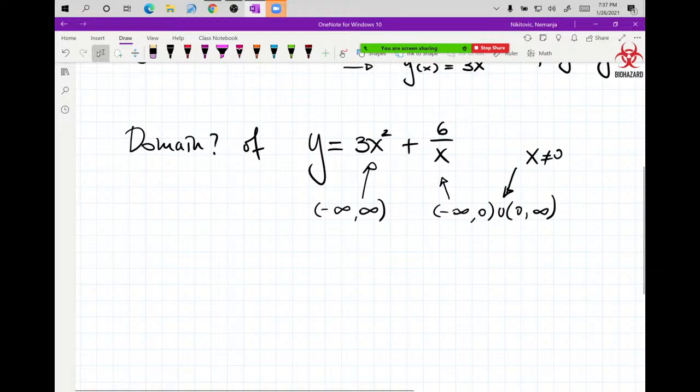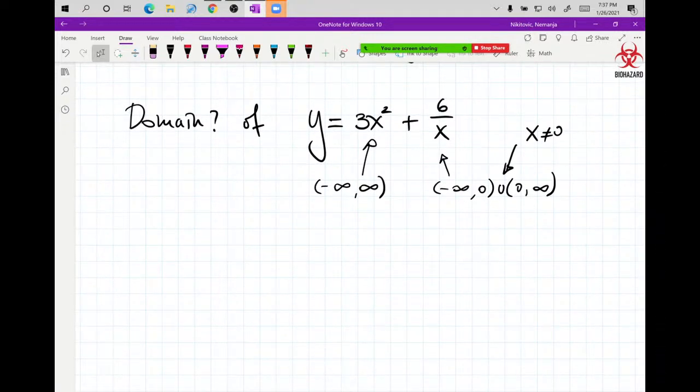So when you take a look at these functions that are combinations of multiple functions, each individual piece will have its own parent function, its own shifts and everything, and its own domain.